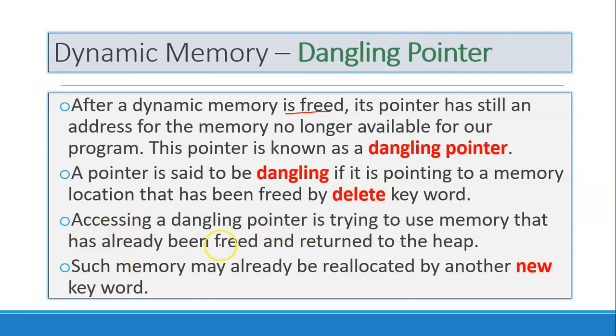There will be a problem if you're accessing a dangling pointer, because you might be accessing maybe an address which has been allocated to another program. So that might be a problem. We may be accessing a value which is not ours.